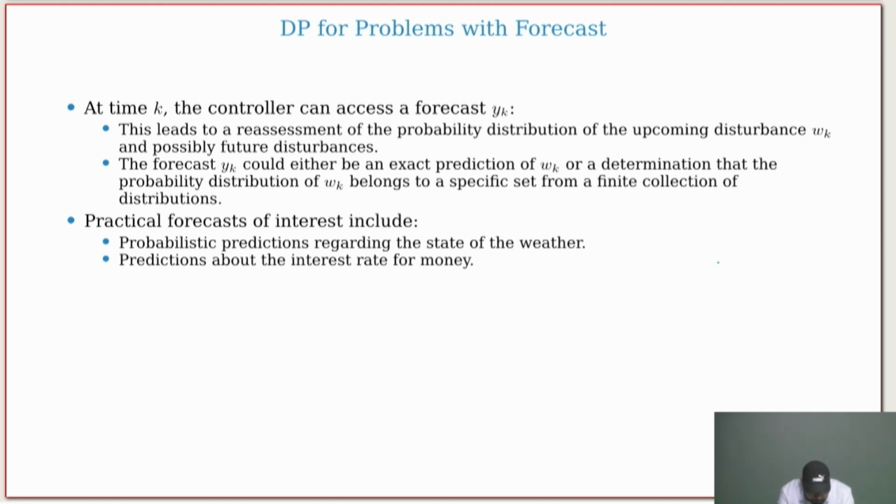Now it could be predictions about the interest rate for the money, or it could be the one done by RBI, and that has consequences on the stocks, inflation, and so many things. So that can impact your decision making. Predictions about the demand for inventory. Let's say some festival is coming nearby, and during those festivals there is a spike in the inventory demand.